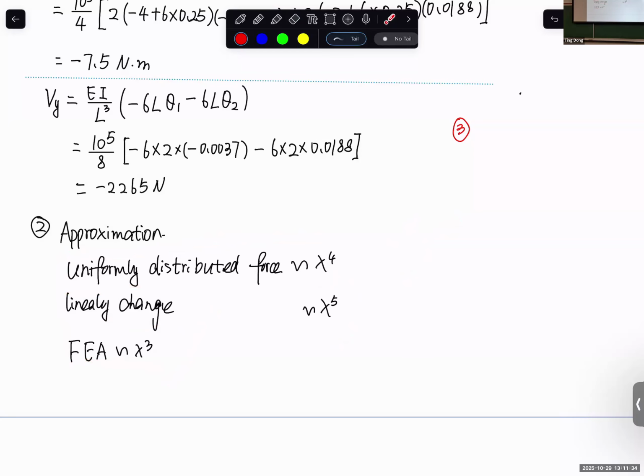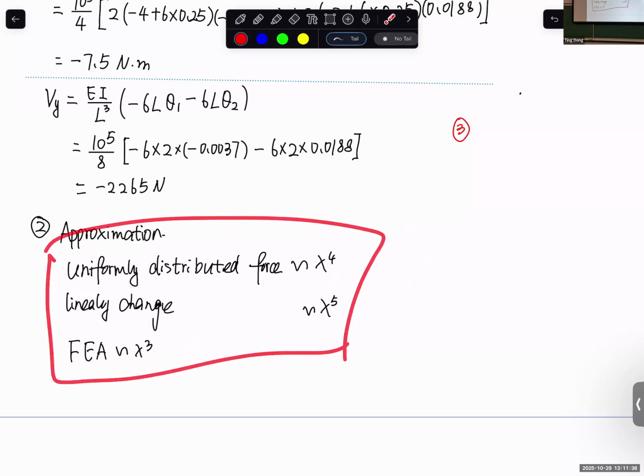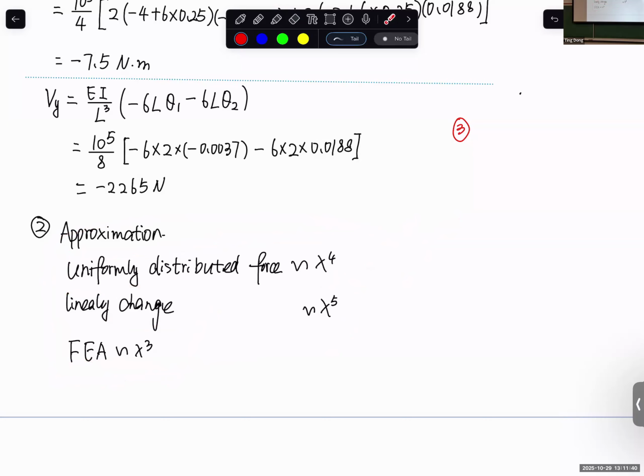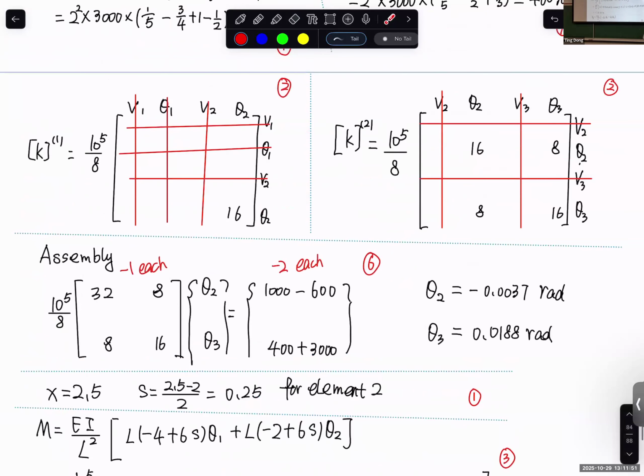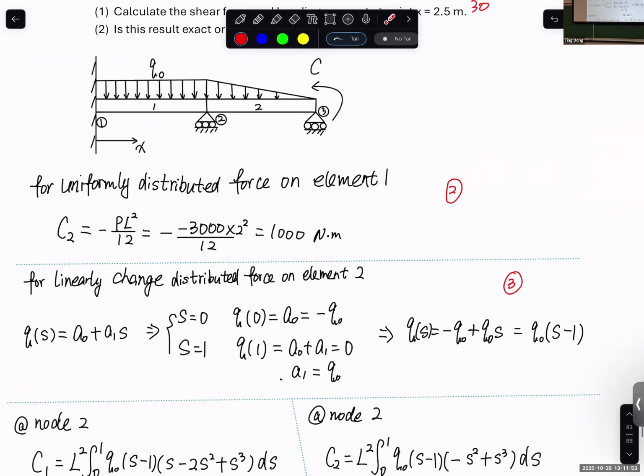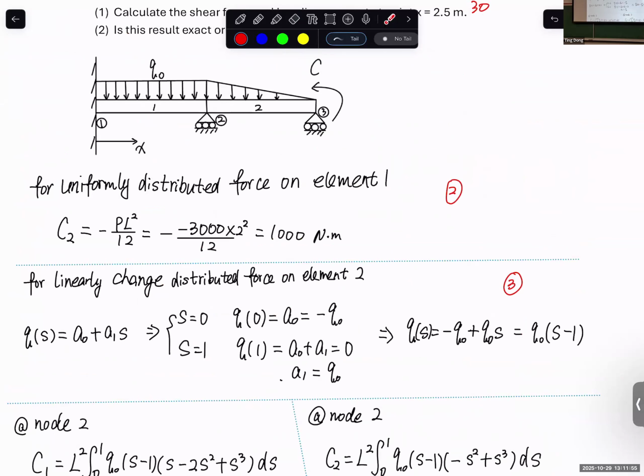I just simplified the writing this way, but in your explanation you can write it in any way as long as you explain it. The key thing is that when there's a uniform distributed force applied, it should be a fourth order polynomial.